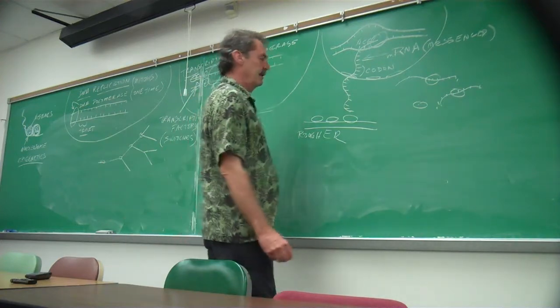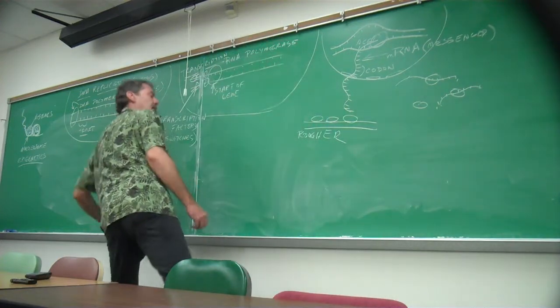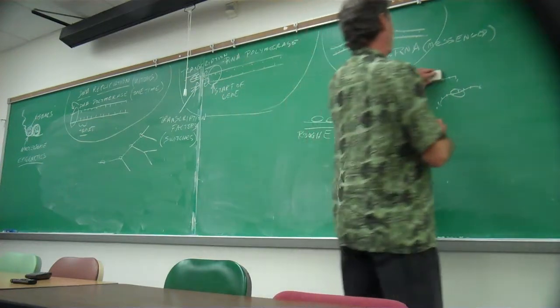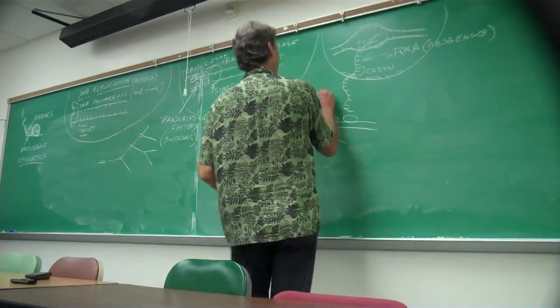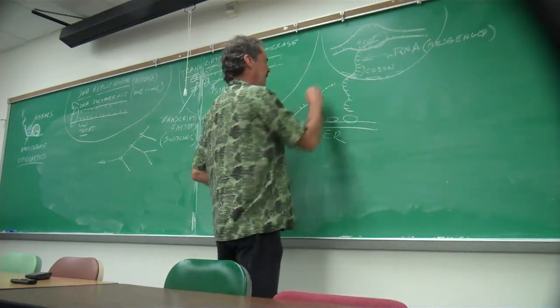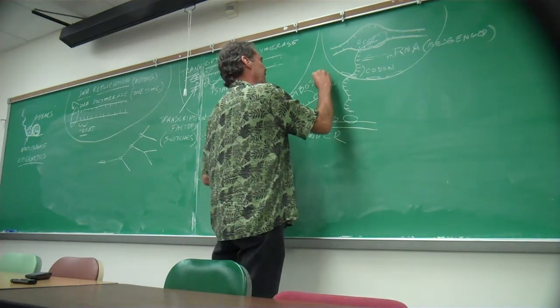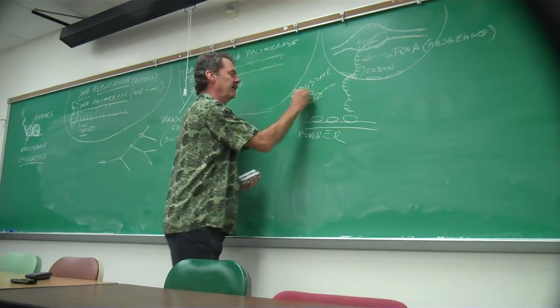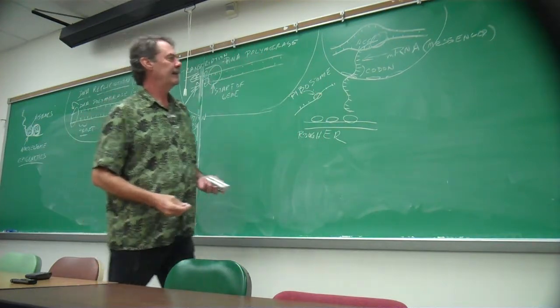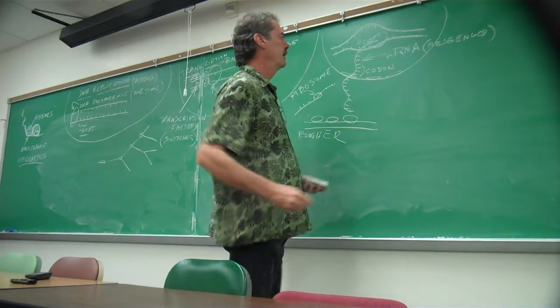Let's see here. Let's put these over here. Okay. Or a ribosome. Obviously, that's an important term. Okay, so let me label that for your word bank there. Nuclear pore. Okay.